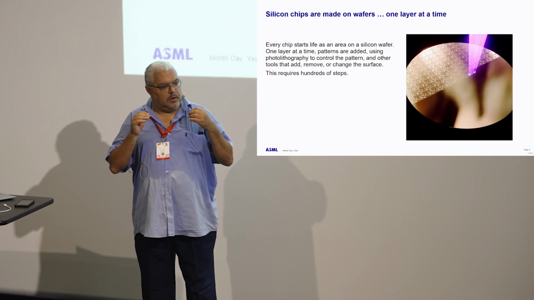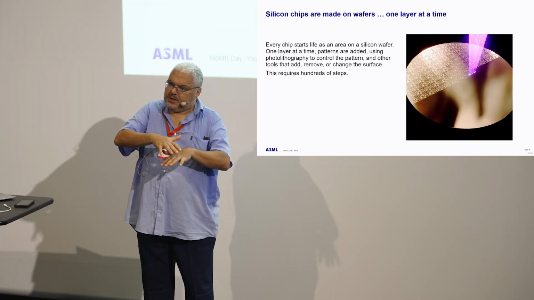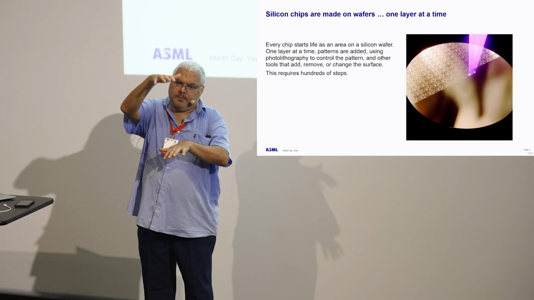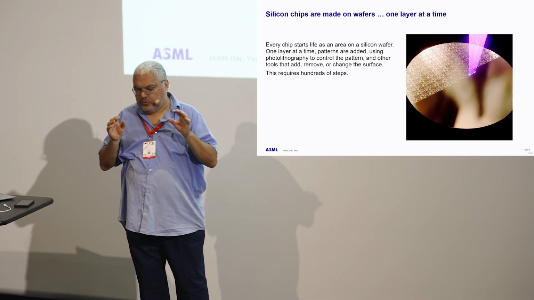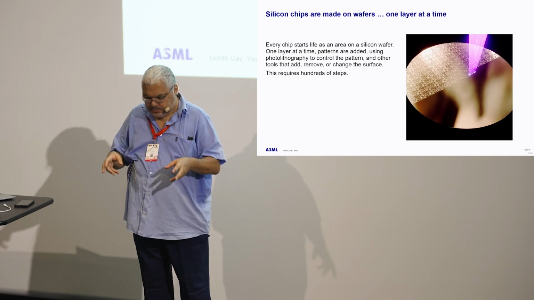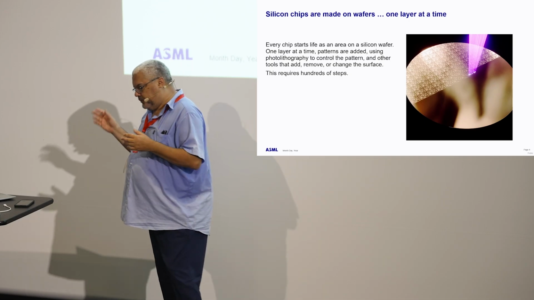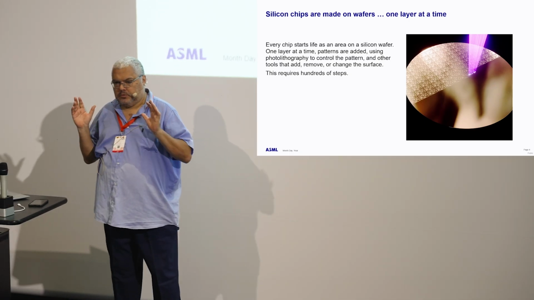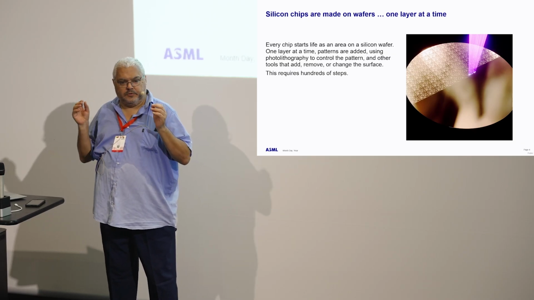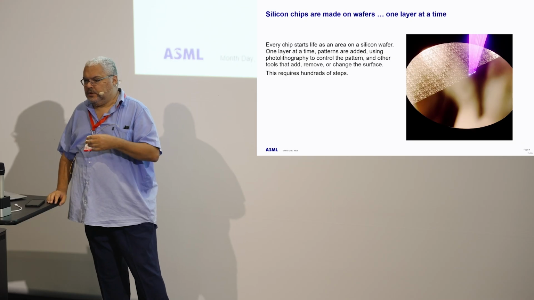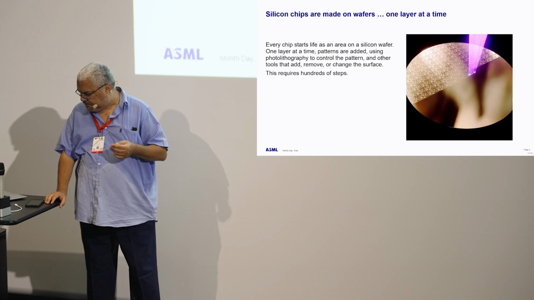And what happens in the production is that we build up the chip in layers, one layer at a time, and we use what we call the lithography machines to etch a pattern on the wafer surface, and then we use other tools that are made by other people to deposit material on these wafers, to etch material off, to change the surface, to add small amounts of impurities to the surface, and so on.